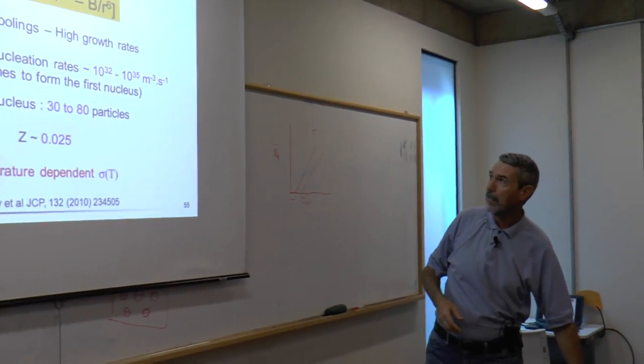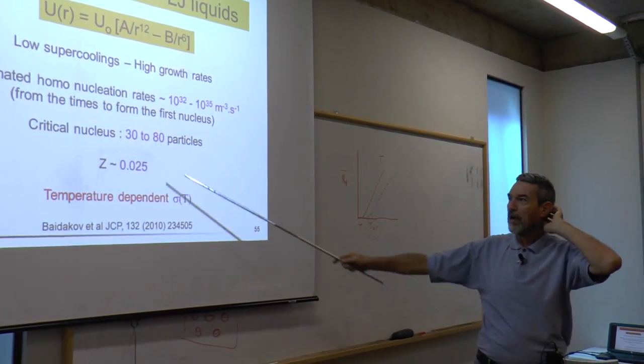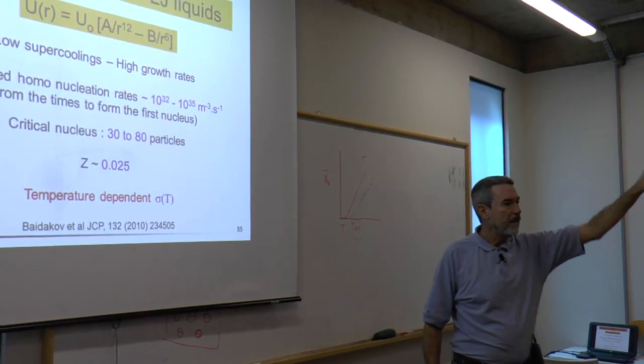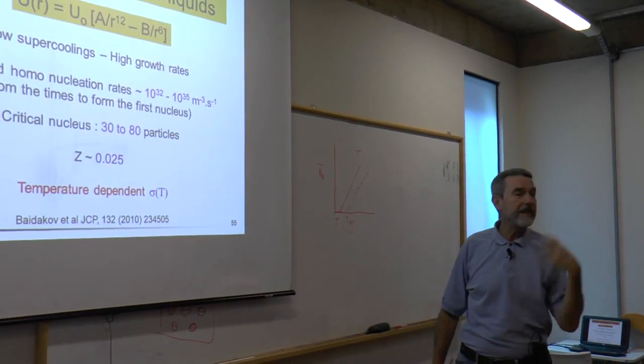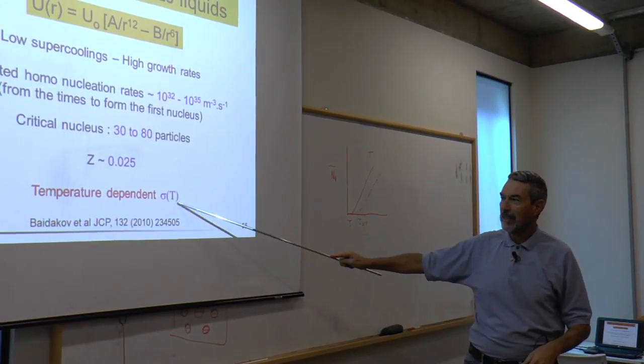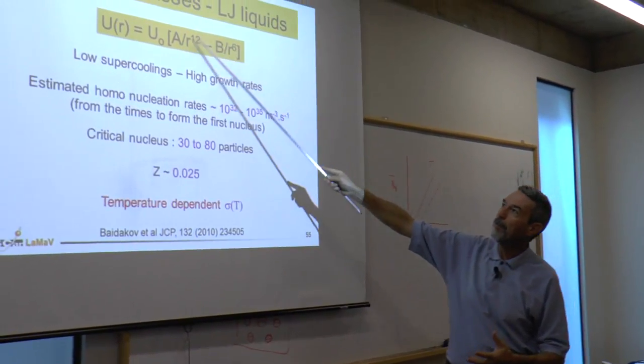in the critical nucleus, depending on the temperature. They also calculated the Zeldovich factor. You remember there is a Z in the equation. But the main result is this. They were able, for this simple, this is the potential.